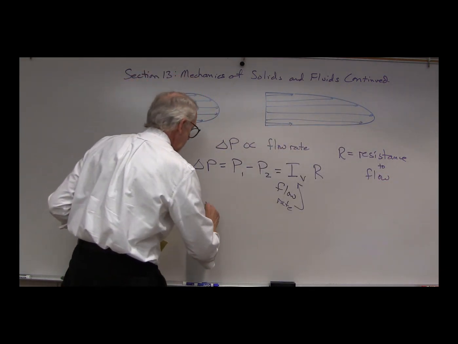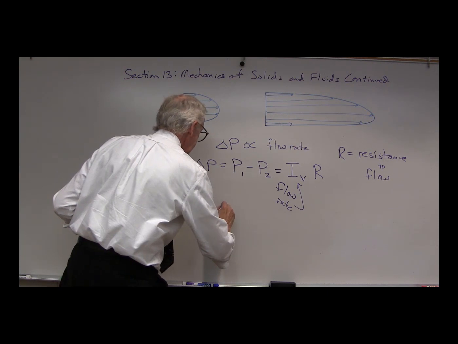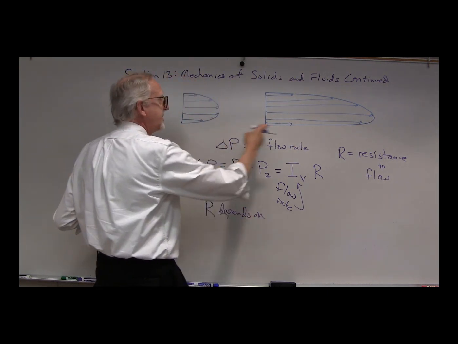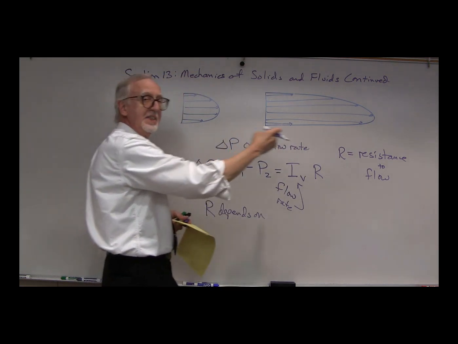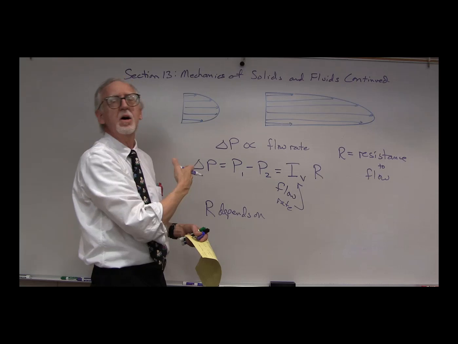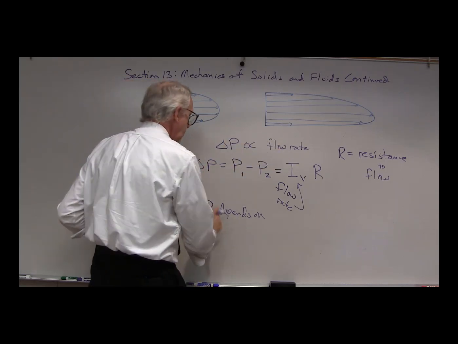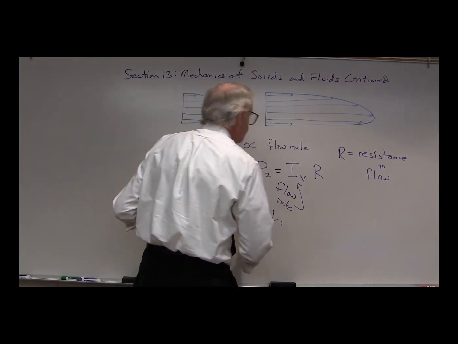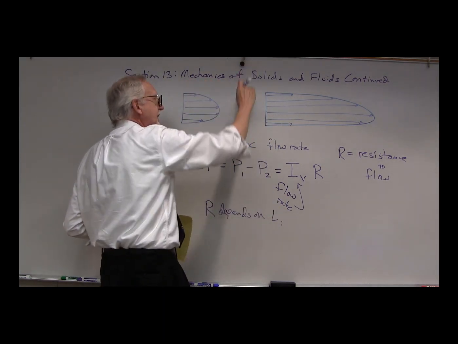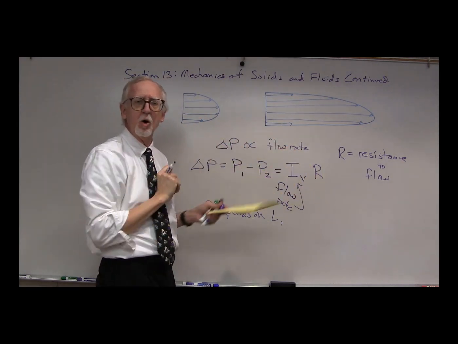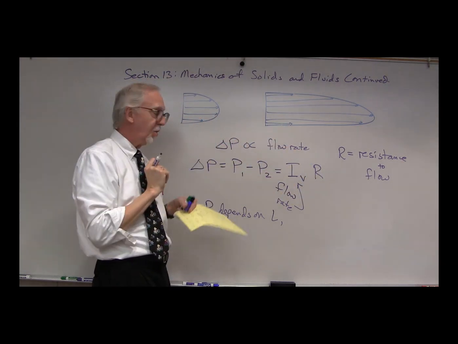Now, R will depend on the distance that we're considering. Over what distance of the pipe are we looking at? The larger the distance, the greater the change in the pressure. So we expect R to depend on the distance. We expect it to depend on the radius of the pipe. The larger the pipe, we expect the fluid to be able to flow more easily than through a smaller pipe.